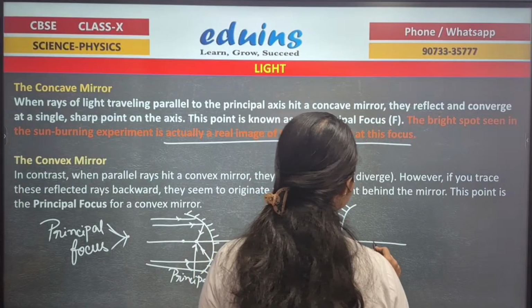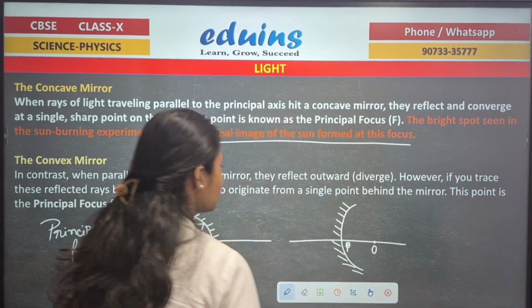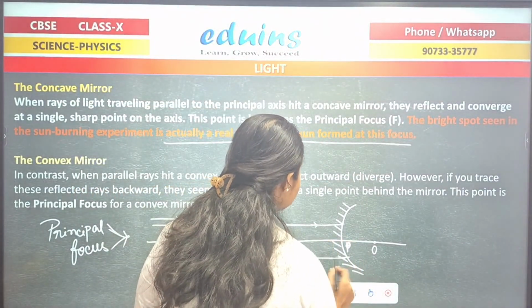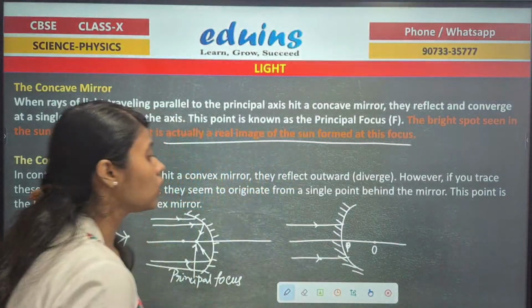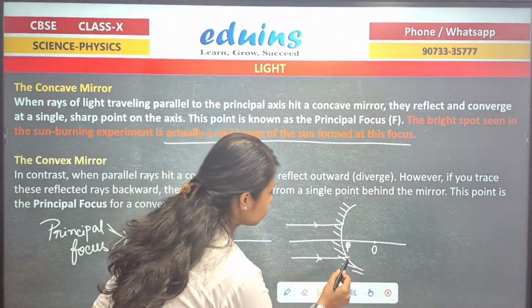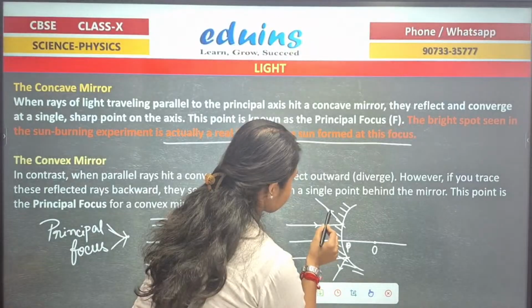Okay, so for convex mirror, this is the pole, and this is the center of curvature. So when parallel rays are incident on the convex mirror's surface, they diverge outward.